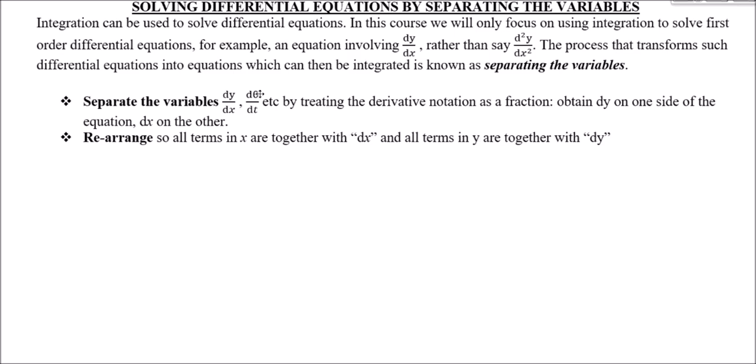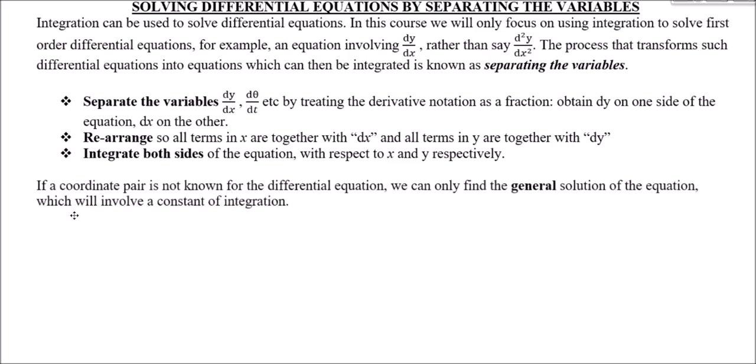If you're talking about d thetas, anything to do with theta is on the same side as d theta. Anything to do with dt is on the same side as dt. Afterwards, we integrate both sides of the equation with respect to x and y respectively, or in terms of theta and t, whatever variables are relating in the question.